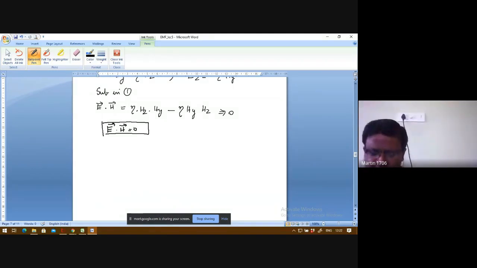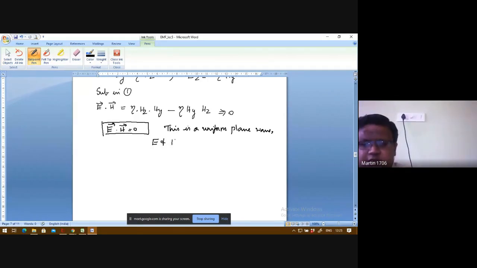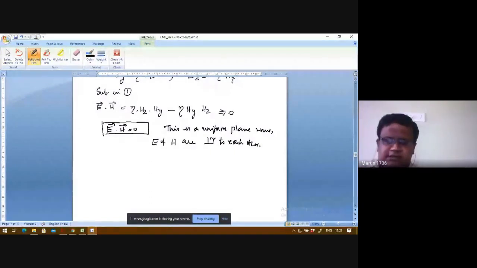Or otherwise, I will give you the statement like this: this is a uniform plane wave where the electric and magnetic fields are perpendicular to each other. So this is your first condition.